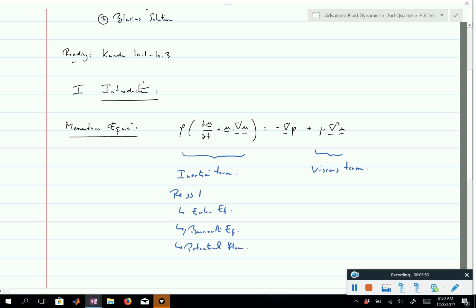Now there are cases when the Reynolds number is really small, right? Or sometimes because of certain geometry, so we'll discuss that starting next week, for unidirectional flows, for instance. So this is a particular geometry.